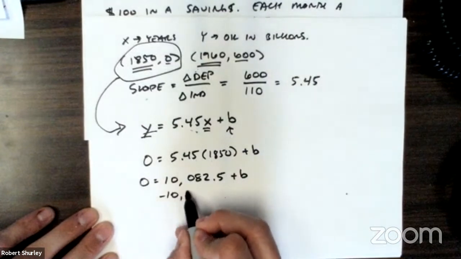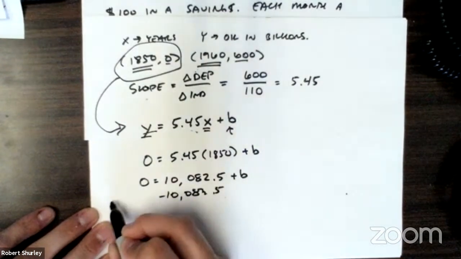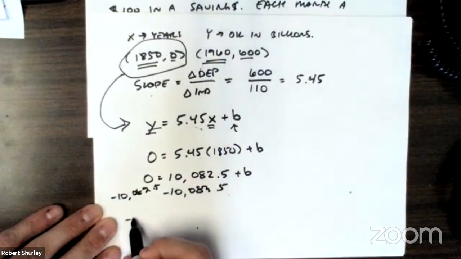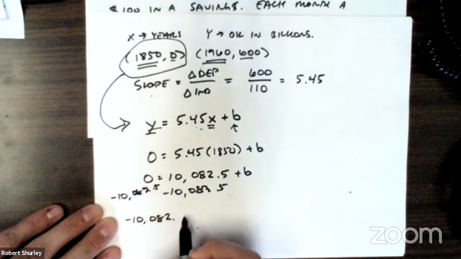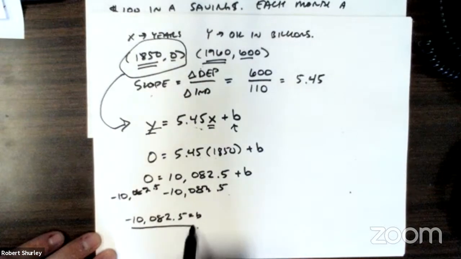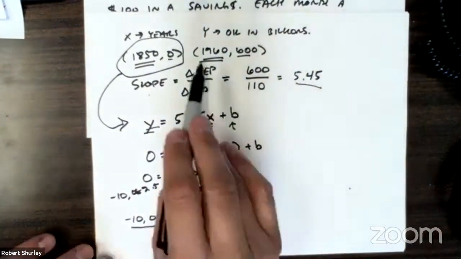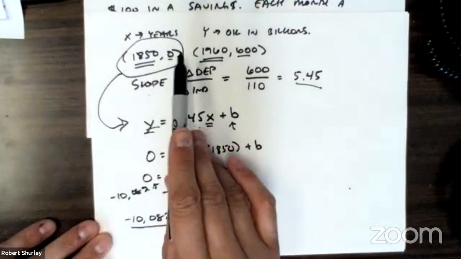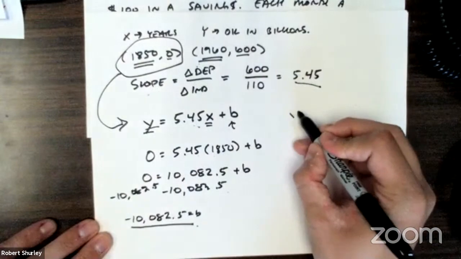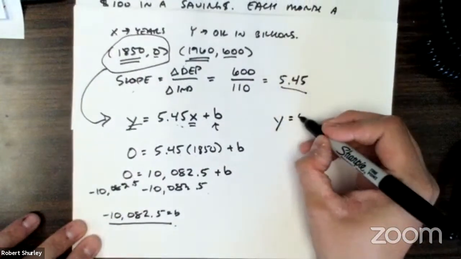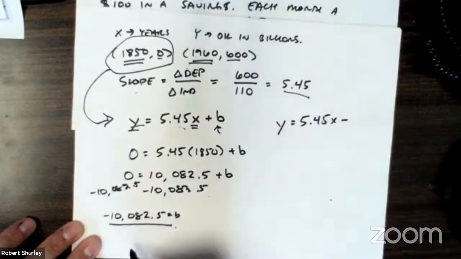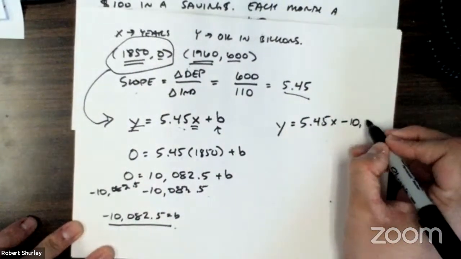So I've got to subtract that over, and I wind up with negative 10,082.5. That's my b value. So now I know the equation for the use of crude oil in the U.S. because I know my slope and I know my b value. So my equation is going to be y equals, remember, your slope, and then plus your initial value, which for us is going to be minus because it's a negative.